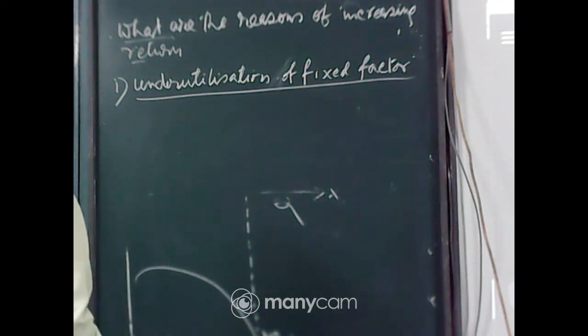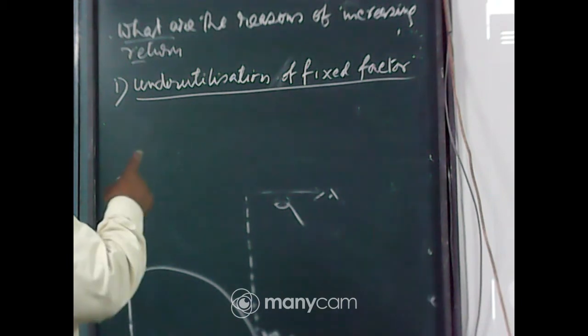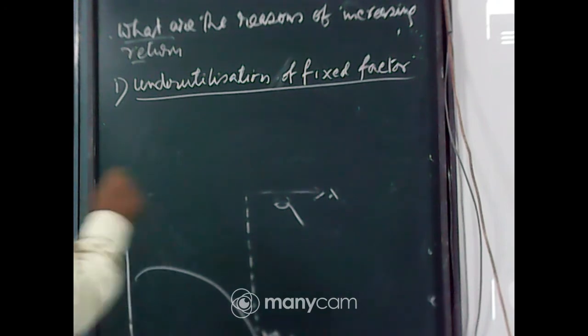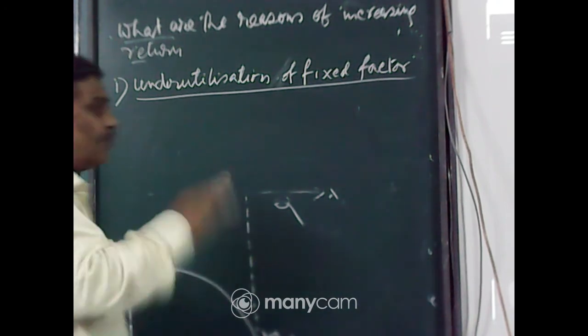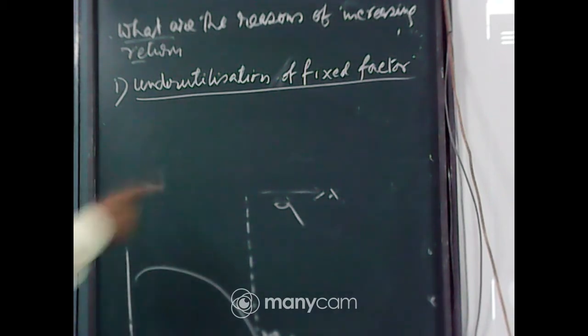If this machine is used for cultivating more areas of land, then underutilization of the fixed factor can be removed. If you fully utilize the fixed factor, production will increase. This is one of the reasons of increasing return.